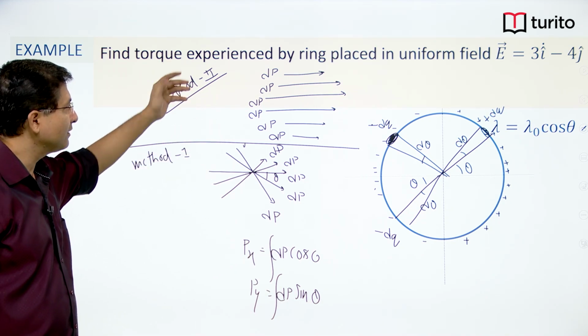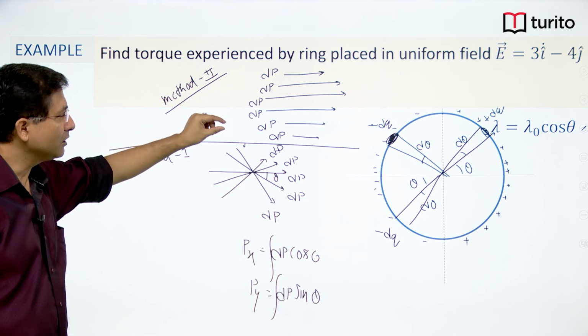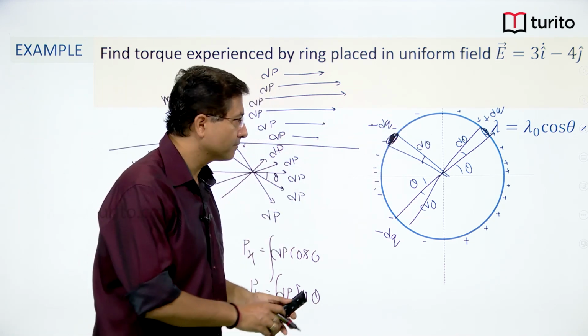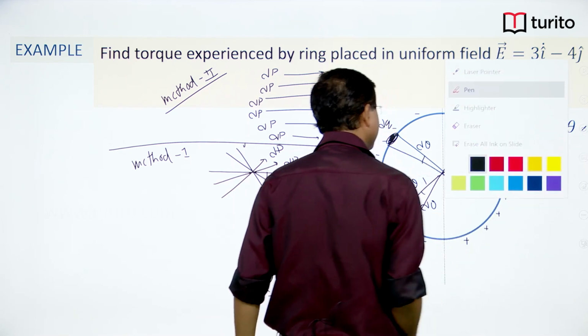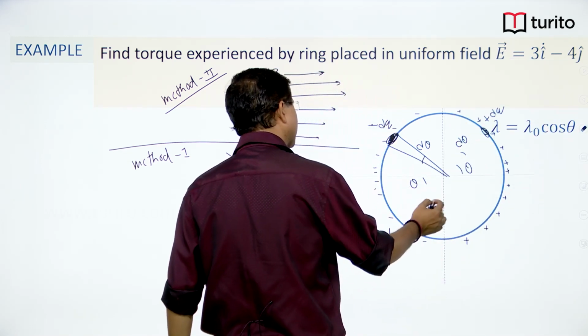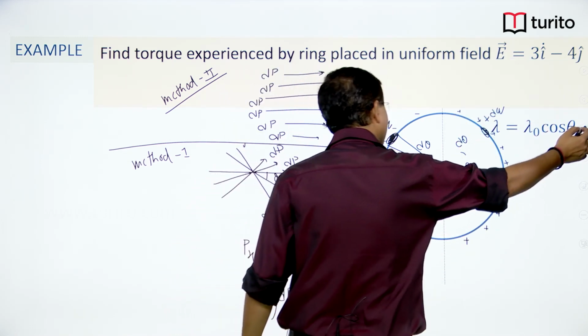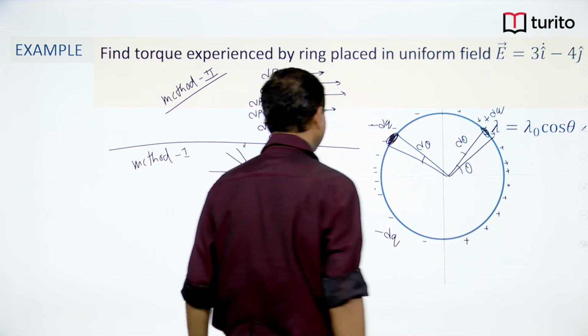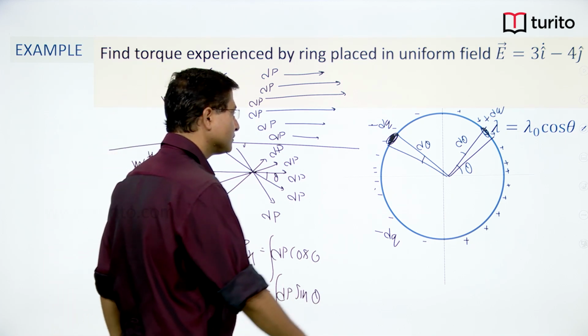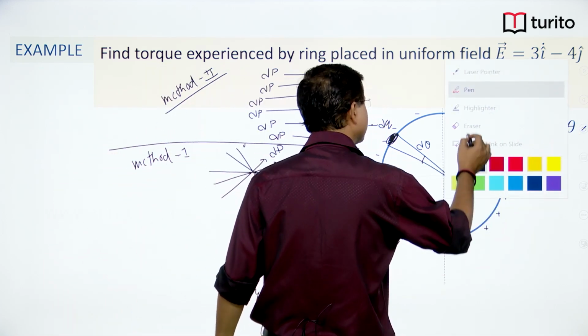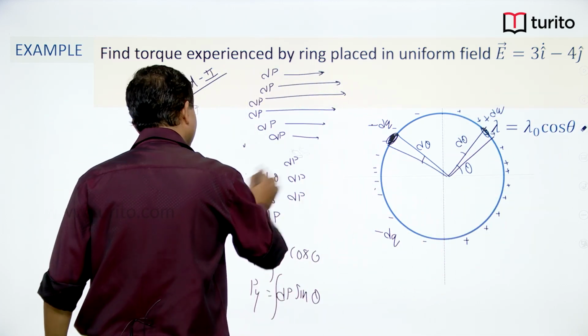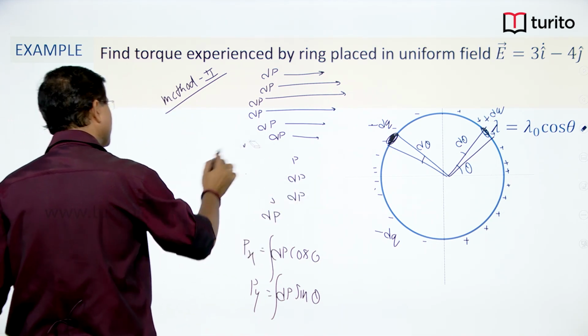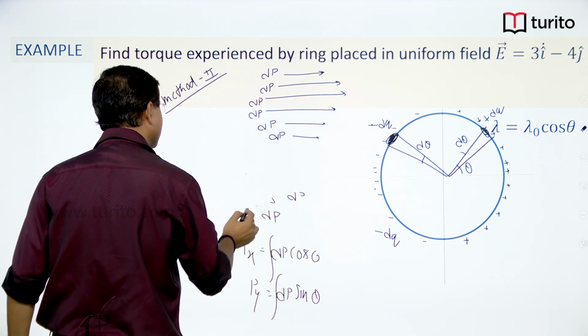So say we are going by this method. So all dp's are in the same direction, right. So I will combine them in such a way that all dp's are coming in the same direction. So we are going by method 2.